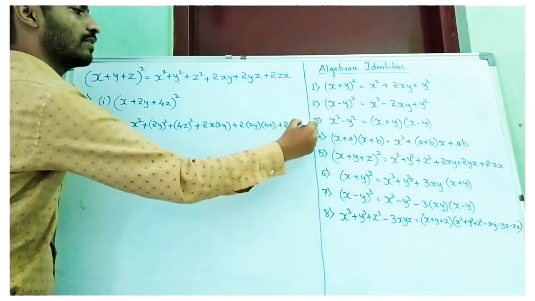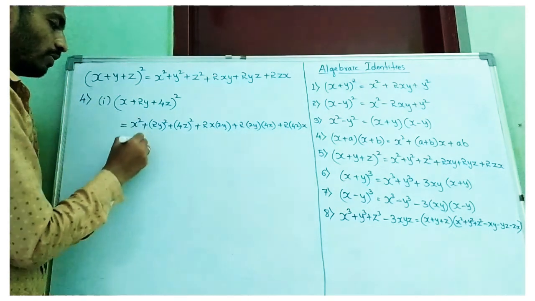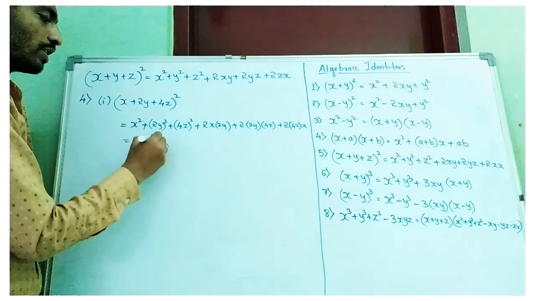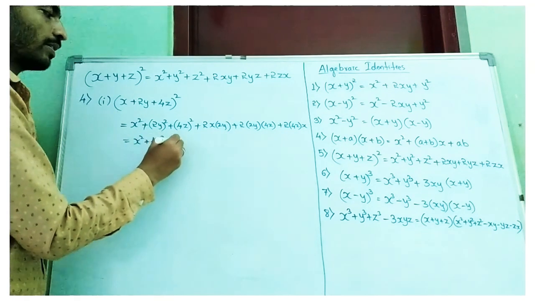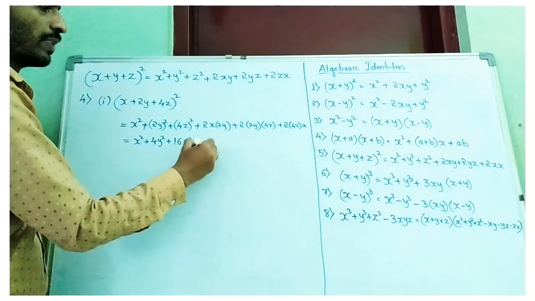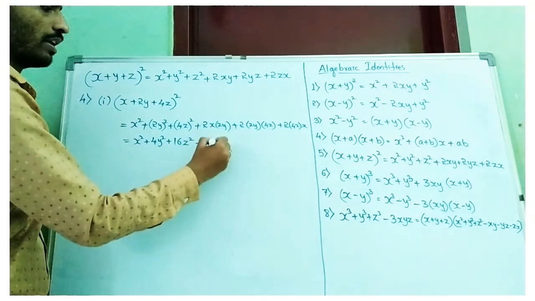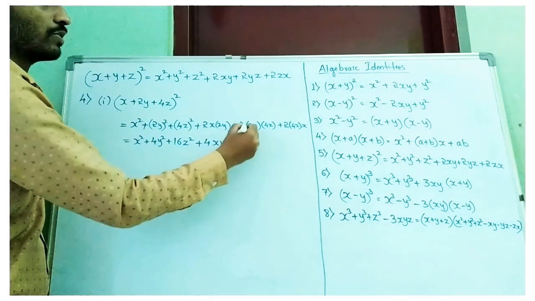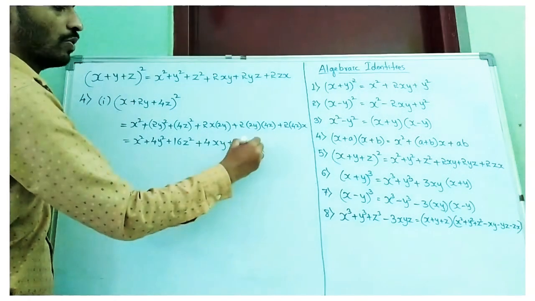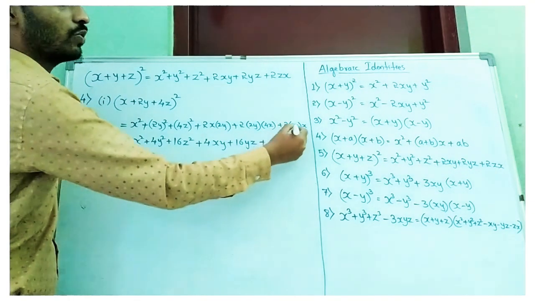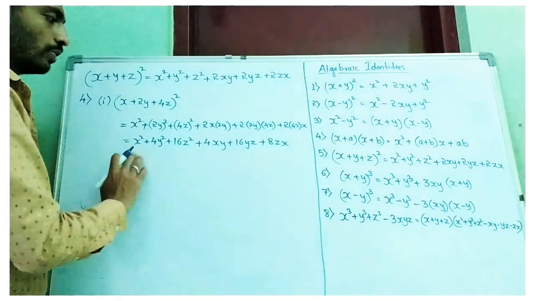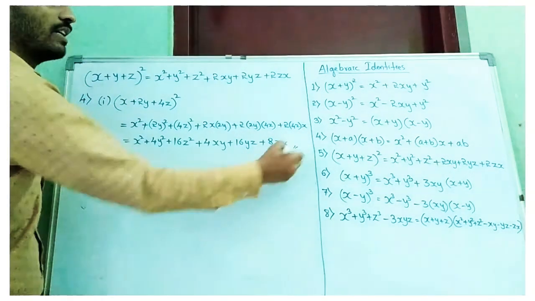Okay, so now x square is x square, 2y whole square means 2 2s are 4, y square, plus 4 4s are 16 z square, plus 2 2s are 4 xy, plus 2 4s are 8, 4 2s are 8, 4 4s are 16 yz, plus 2 4s are 8 zx. Okay, so this is our final answer.